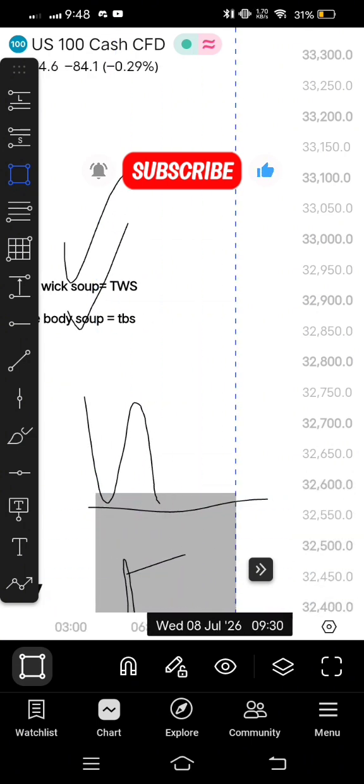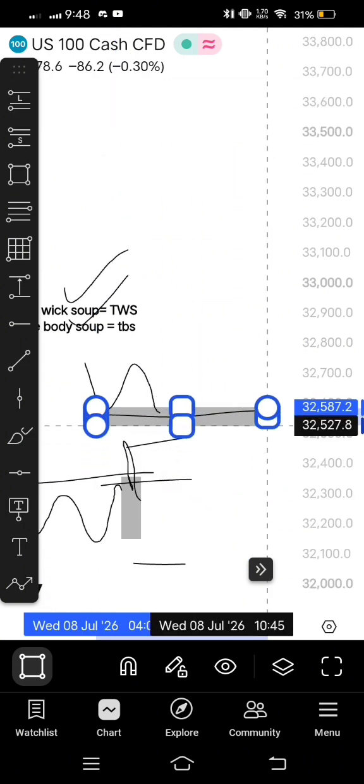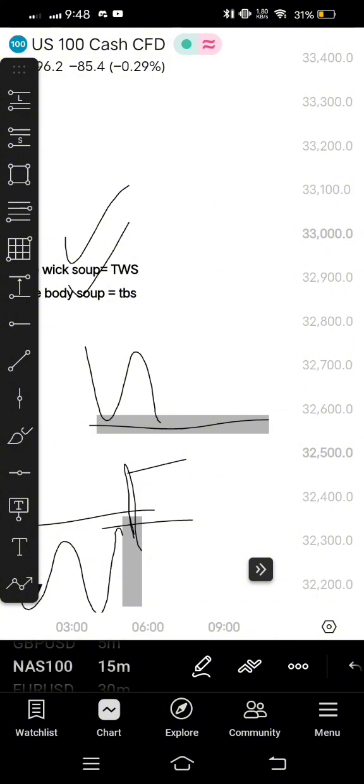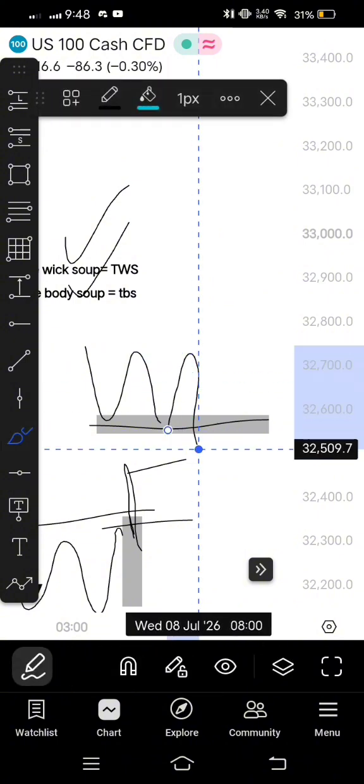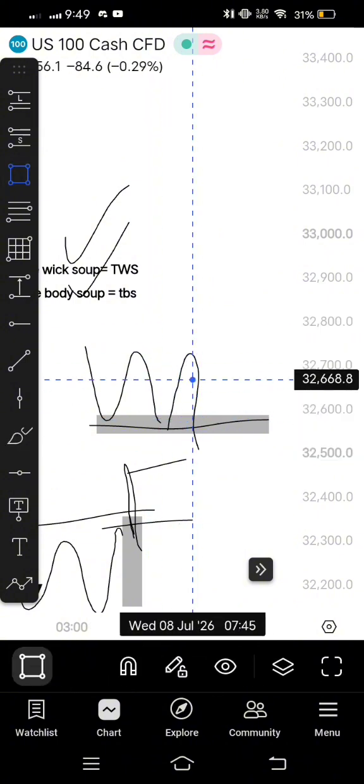The market goes down and closes with its body below this support.